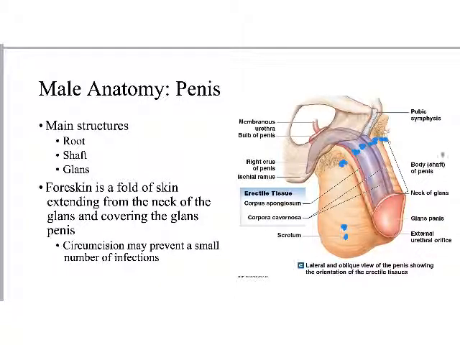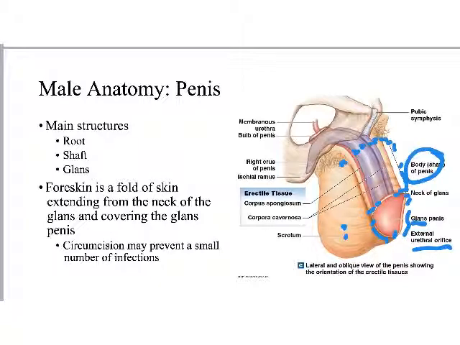Then you have the body, or the shaft of the penis, which is most of what remains, except for the tip, which is different in color. It's more of a pink color, and we call that the glans. And then the kind of slit, or a hole where the urethra is able to dispense urine or semen, that's called the external urethral orifice.